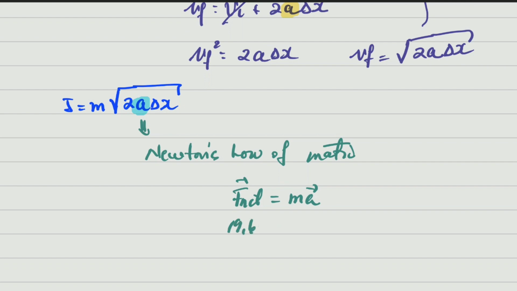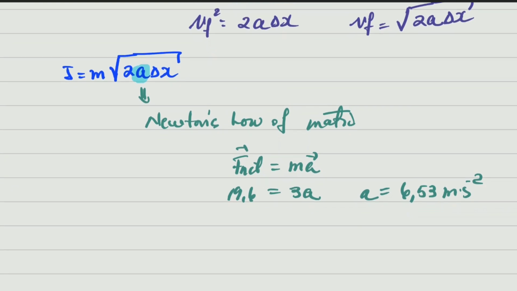We have it. There's no friction. The only force acting is the applied force, and the mass is 3 multiplied by the acceleration. If you rearrange this one, you will get that the acceleration is 6,53 meters per second squared. All right, 6,53 meters per second squared.